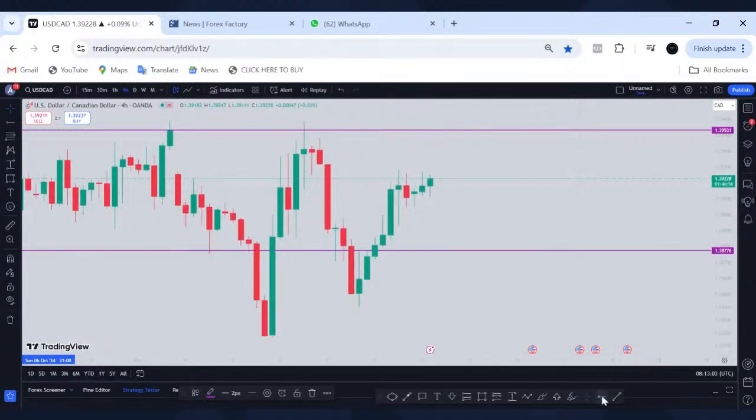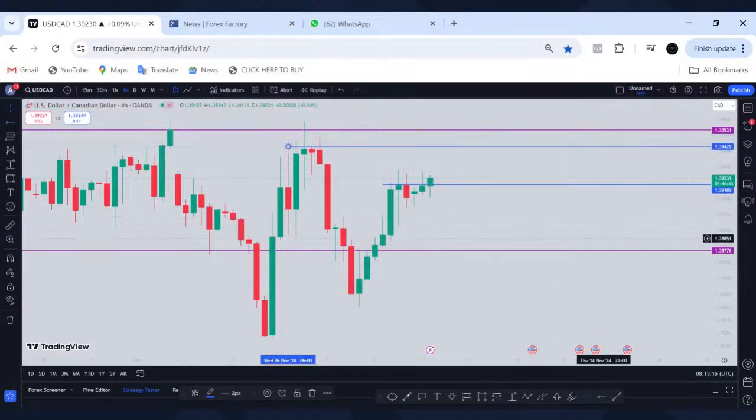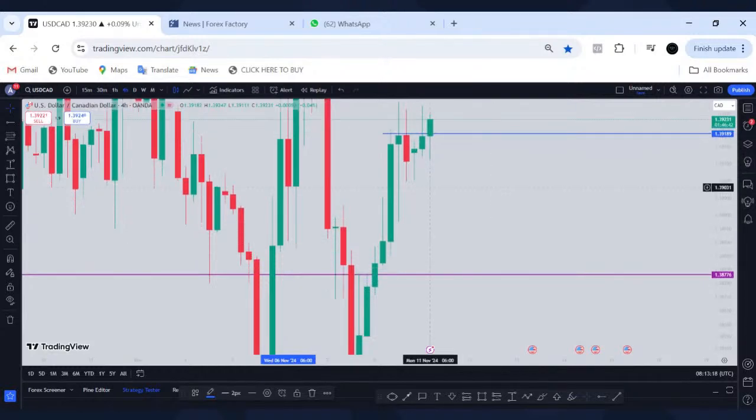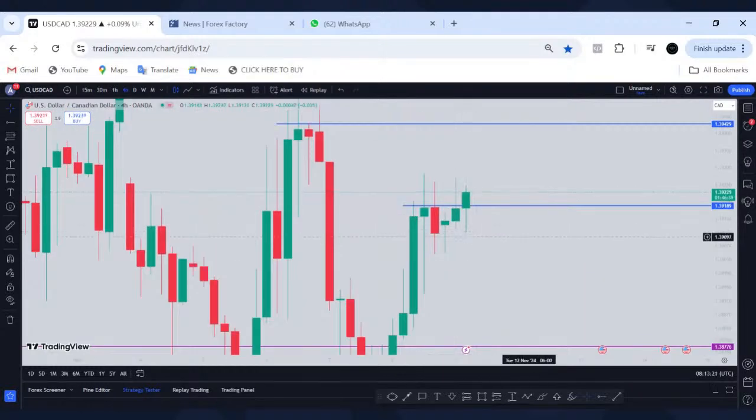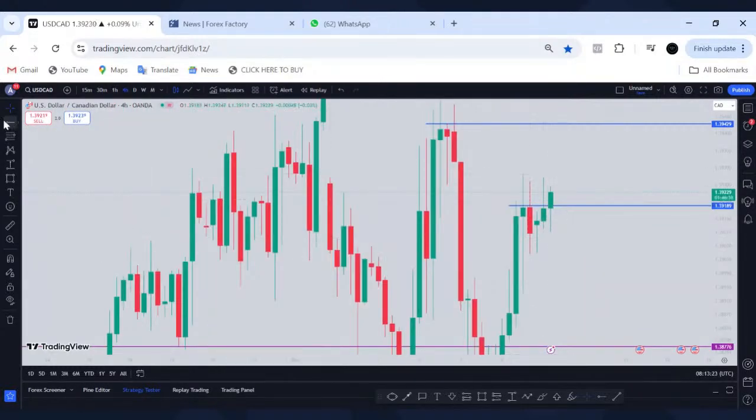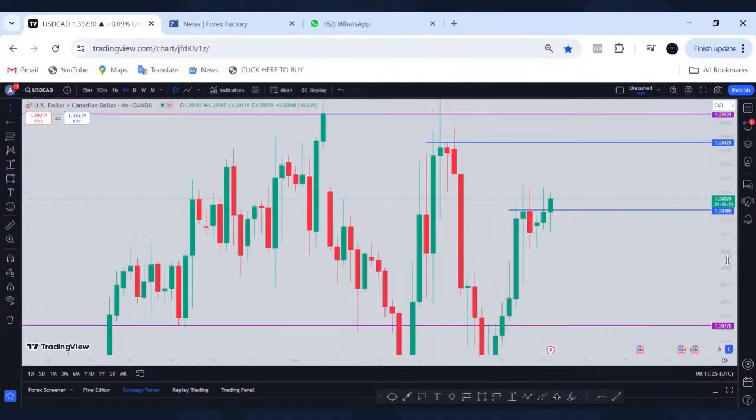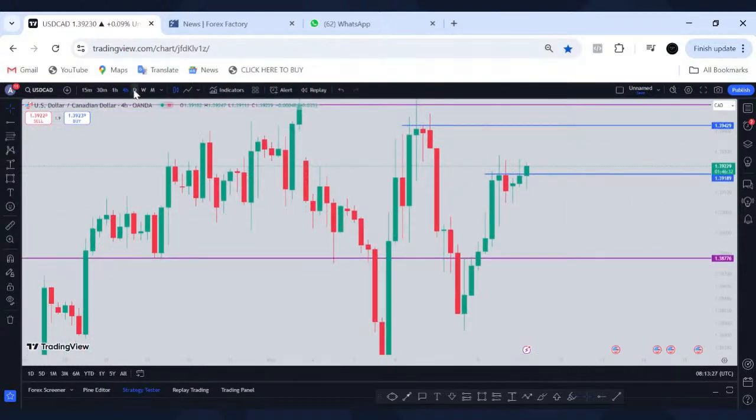If you check this previous candle, price retested this resistance level. And looking at it, the previous candle dip has also been broken. So for you to go for a buy, I think you need to wait for the candle to close.